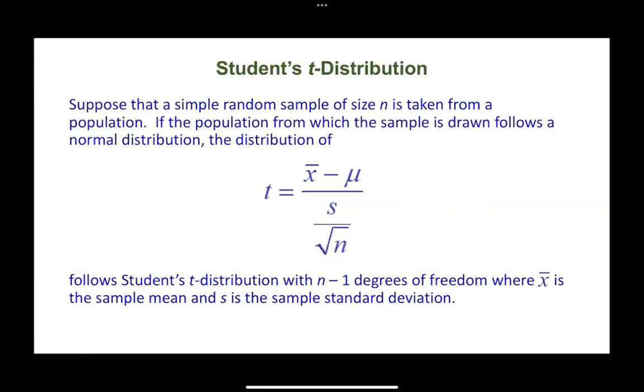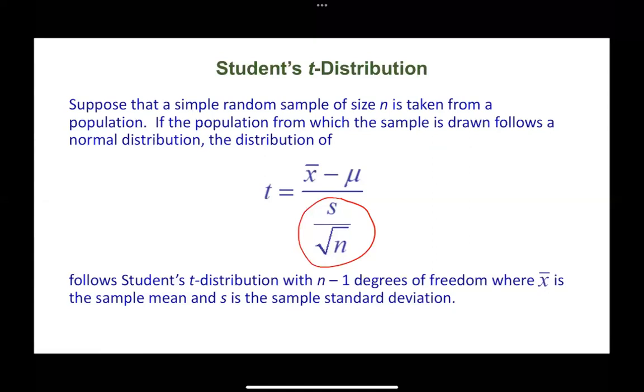So our t-distribution, we take our X bar, so our sample mean, minus our population mean, and then you divide it by the new standard deviation. So remember, this was the standard deviation of our sampling distribution. So we're dividing it by that. The reason we have an S instead of a sigma is because, as I said, we only have sample data, we don't have our population data.